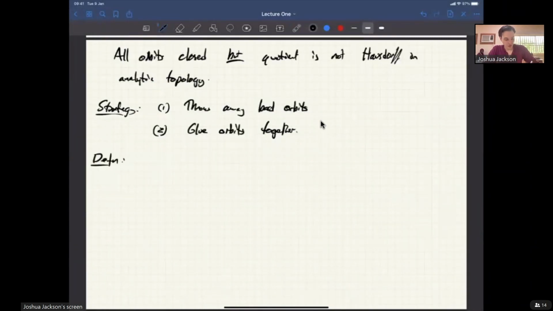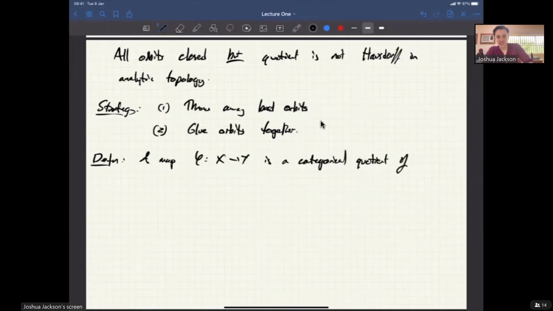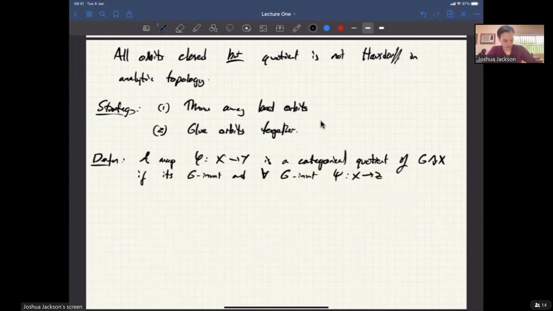Okay. So a map phi from X to Y is a categorical quotient of some G action on X if it's G-invariant, and for all G-invariant maps, let's say psi, from X to some other thing Z, we can fill in the diagram in a unique way.